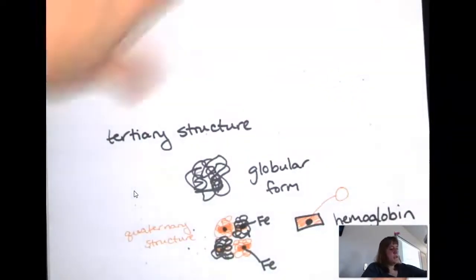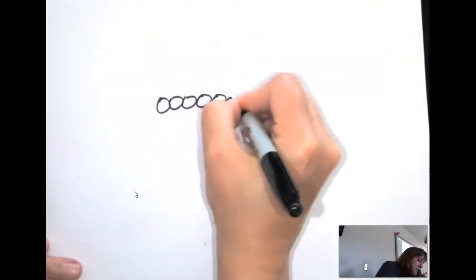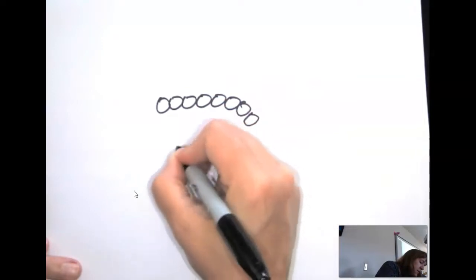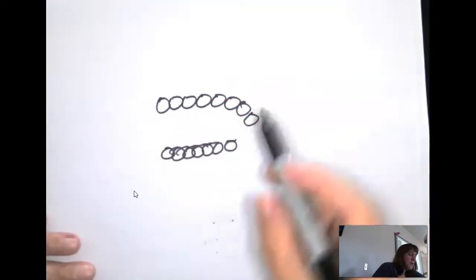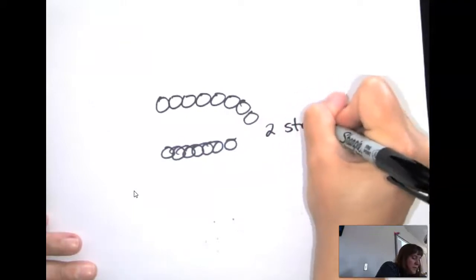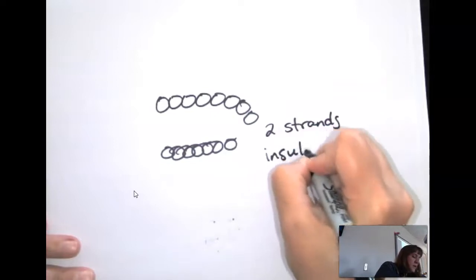And there's another 2-stranded protein that's pretty famous. So I'll just draw a string and then another string. Well, I didn't put in the peptide bonds, but it is 2 strands working together, but it's insulin.